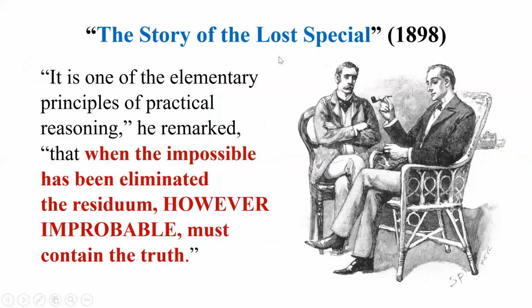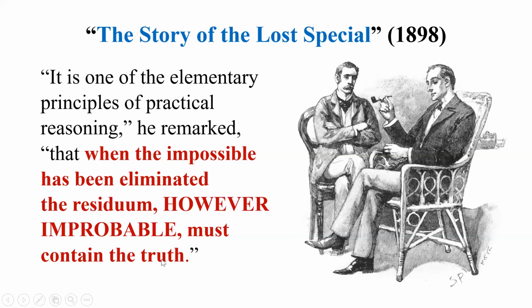Then let's talk about this famous short story, The Story of the Lost Special, about a train which was lost. A train left a station, but it didn't reach another station. But we are not bothered about the story, but more about its philosophy. In this story, Sherlock Holmes says, when the impossible has been eliminated, the residue, however improbable, must contain the truth.